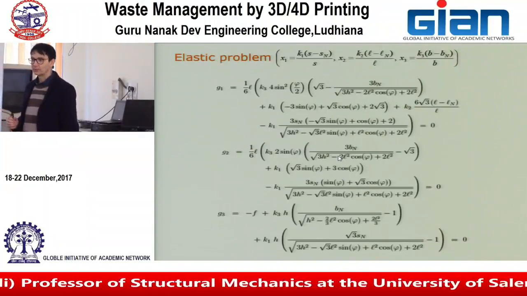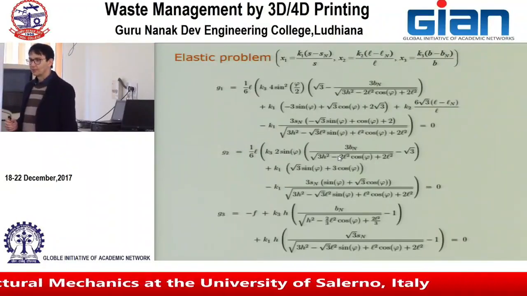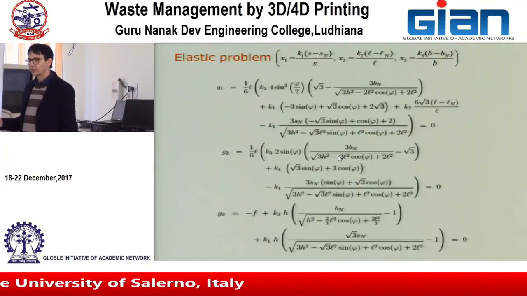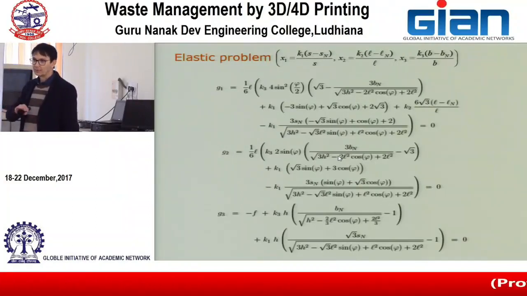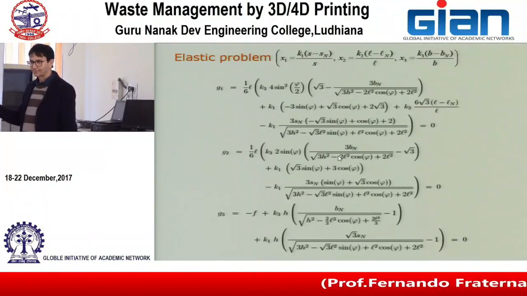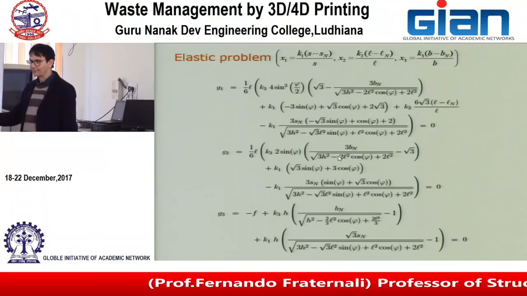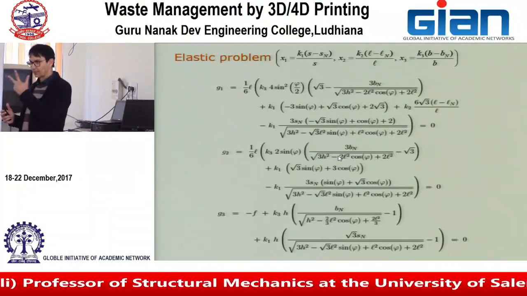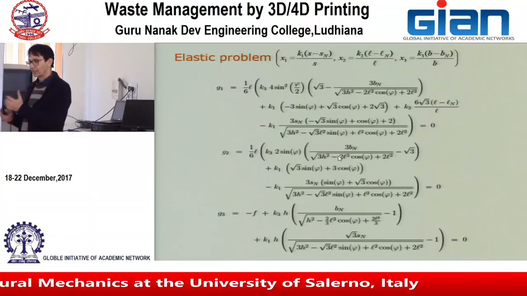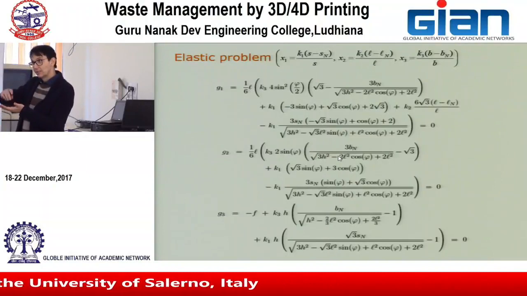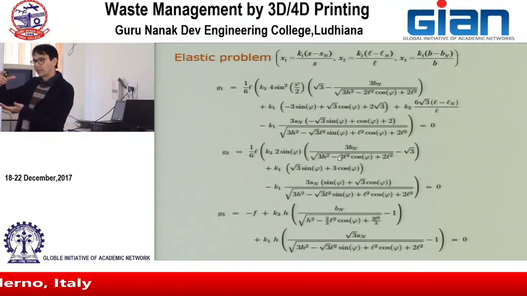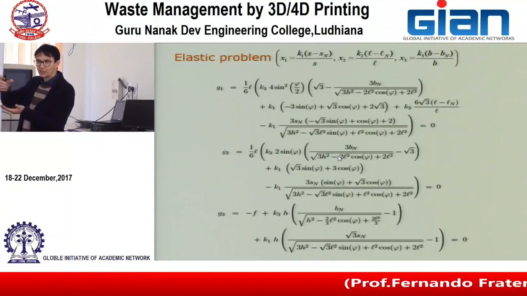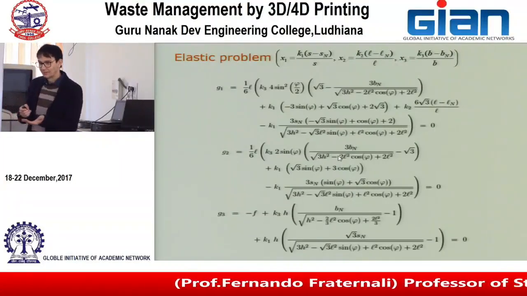How do you solve this equilibrium problem? You start from the configuration in which the forces are in equilibrium without F. Now you apply an F. The geometry of the system is ruled by three kinematic variables, which are the twisting angle, the length of the base strings, the side, the edge of the triangles.